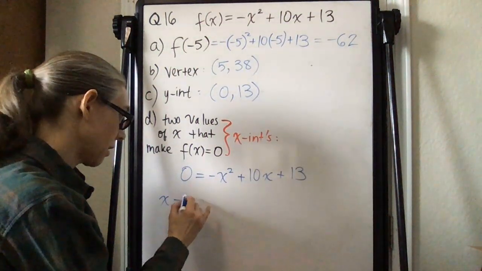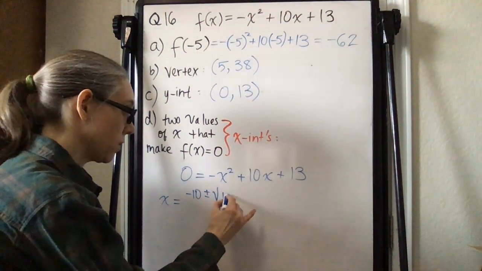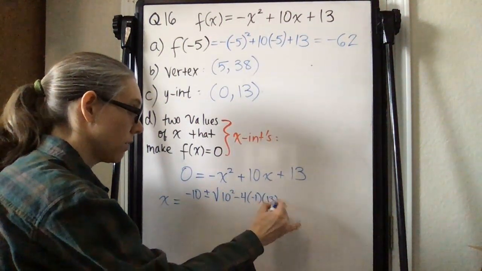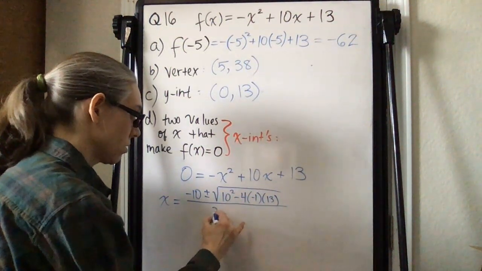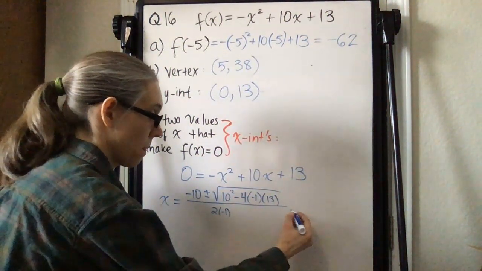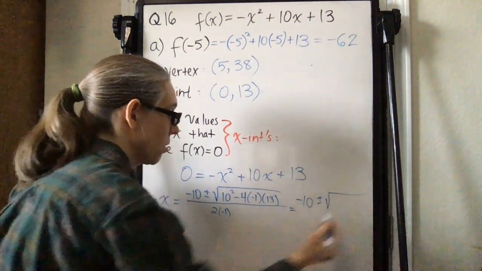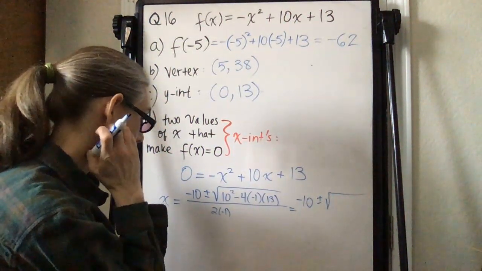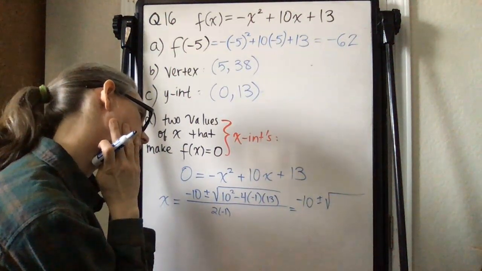x equals negative b plus or minus the square root of b squared minus 4ac, all over 2a. That becomes negative 10 plus or minus the square root of 100 minus 52, right? 4 times 13 is 52.